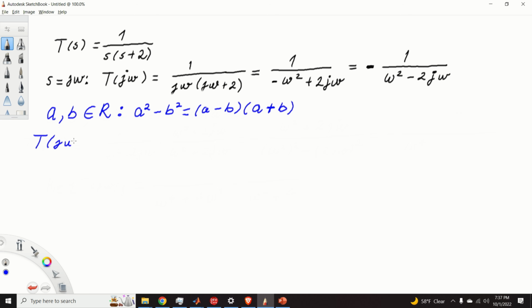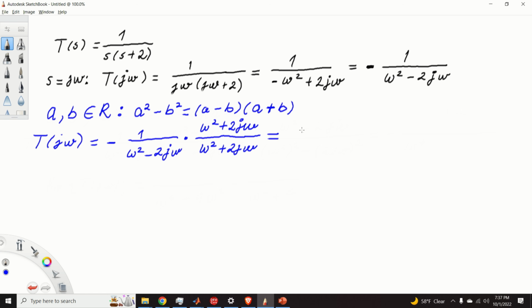So T of j omega is equal to minus 1 over omega squared minus 2j omega. And let us multiply this fraction by omega squared plus 2j omega divided by omega squared plus 2j omega.